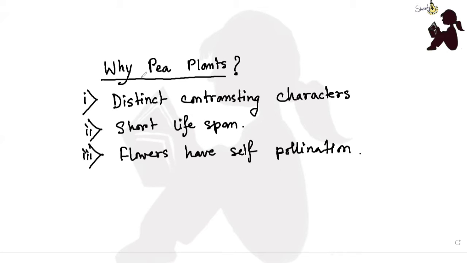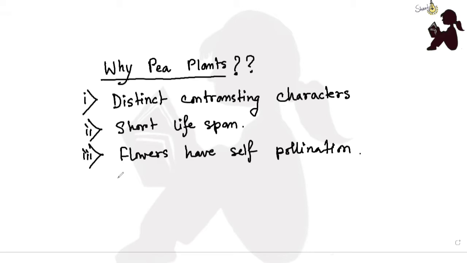Now, why did he select the pea plants? Number one reason is distinct contrasting characters are present in the pea plants. Then the pea plants have a very short lifespan, so by this he wanted to analyze both inheritance and variation for the same species.